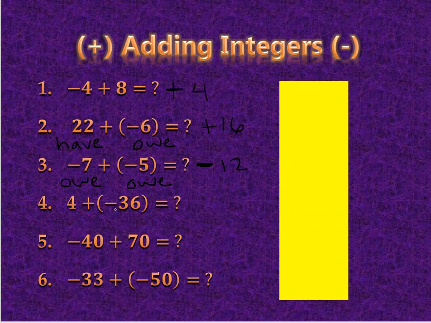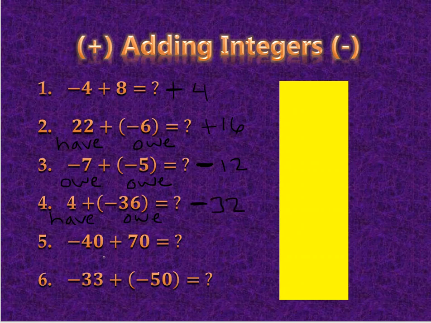Okay, 4 plus negative 36. So if we only have $4 and we owe $36, we owe way more than we have. So when we combine those two, we are going to owe, and to figure out how much, we just take the 36, we subtract the 4, and we get 32.